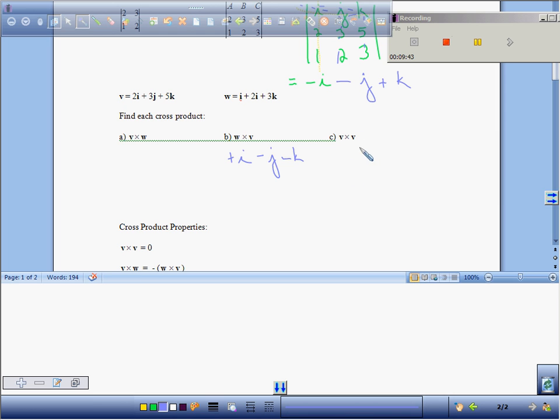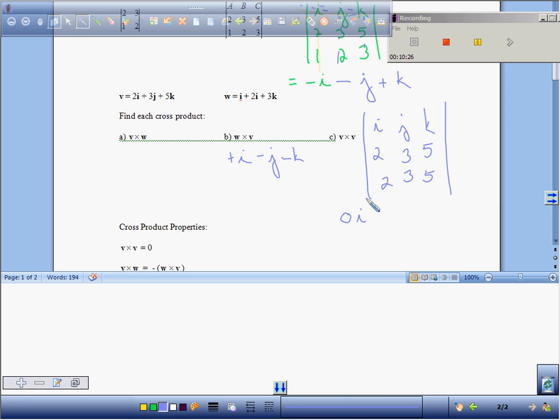And v cross v, let's try that. I put i, j, k, and 2, 3, 5, 2, 3, 5. And I would get 3 times 5 minus 3 times 5, which is 0. So I get 0i. Yeah, the whole thing equals 0.